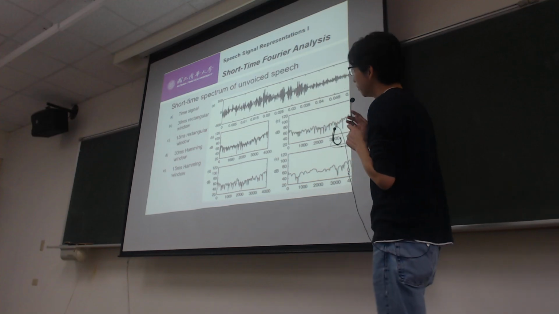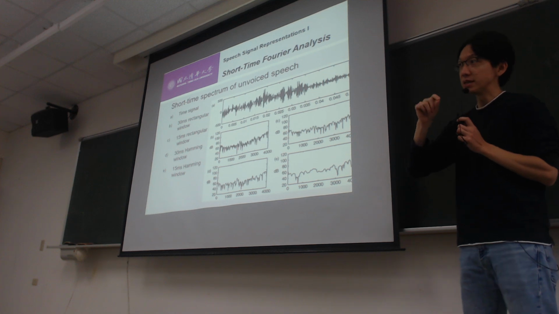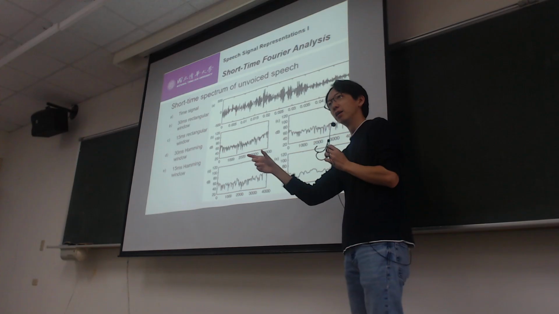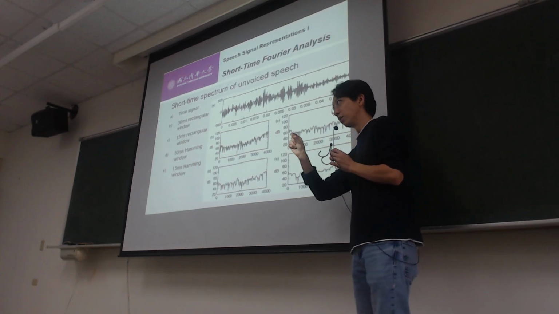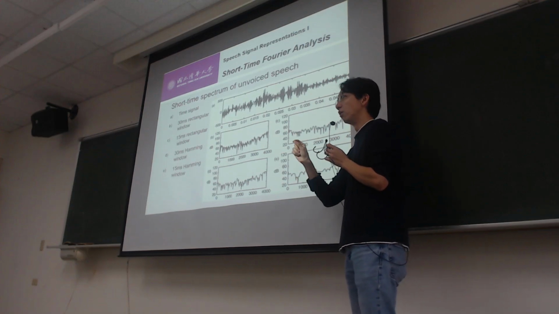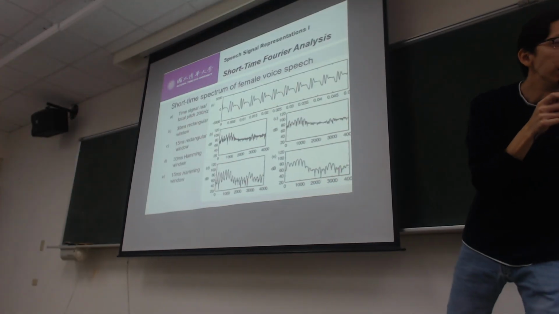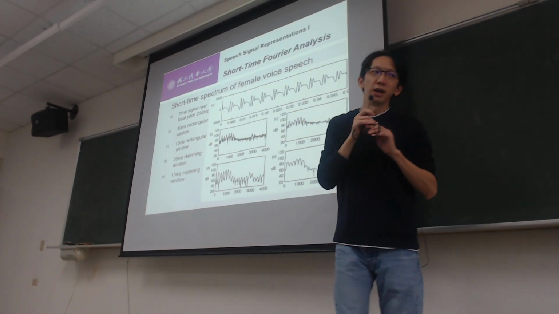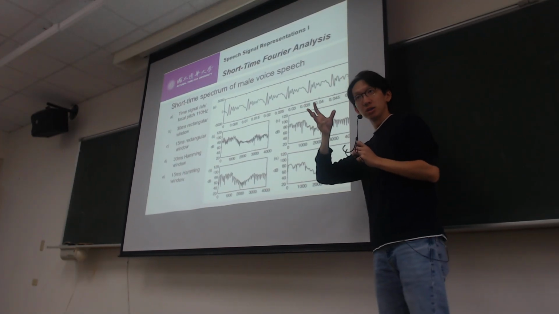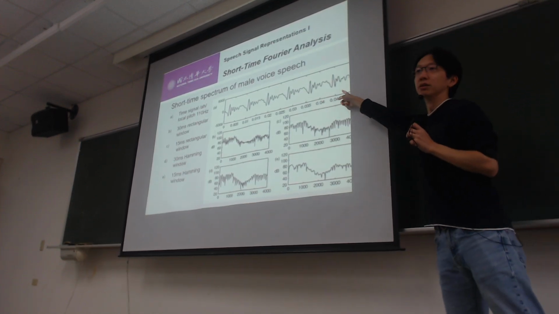Too many toolboxes out there can do things, and they all do things a little bit differently. But at the basic level, voiced speech, unvoiced speech, the source filter model, and different lengths of N all decide whether a certain property of the speech signal is extractable, and whether it has the resolution we want or not enough resolution. So simply choosing a different N or windowing function changes things completely.